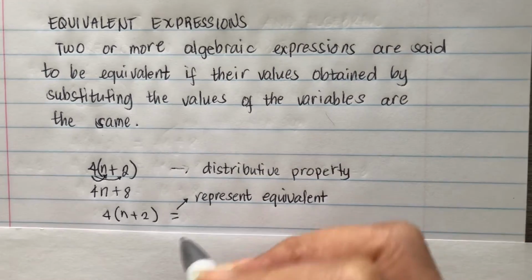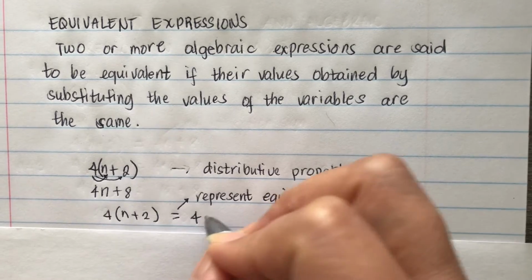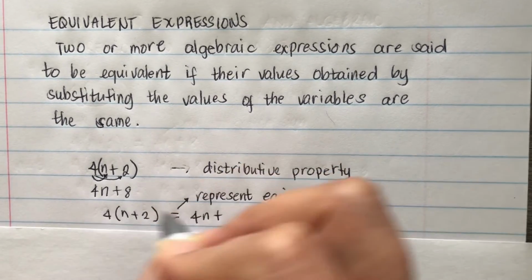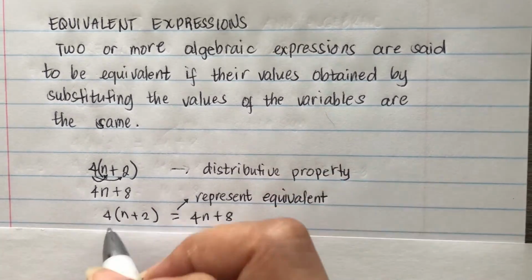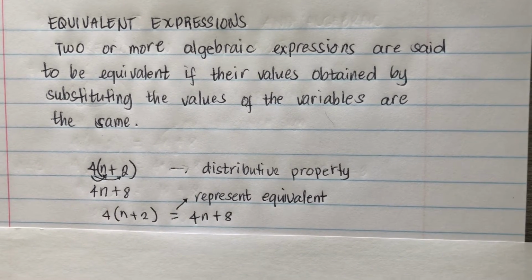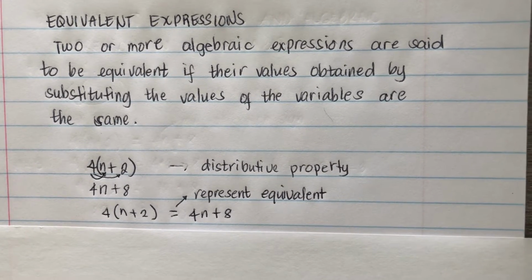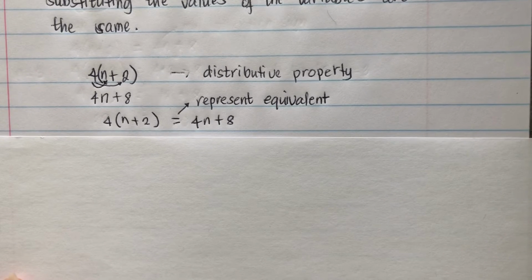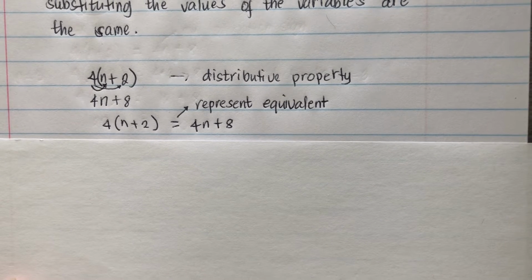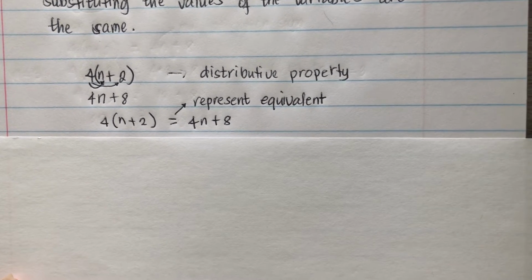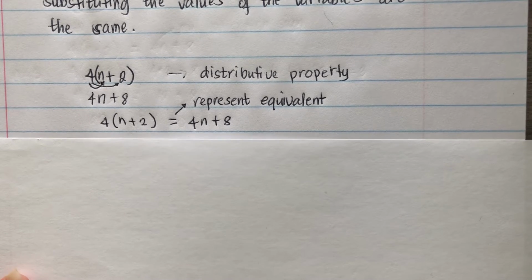Okay, so we can say that 4n plus 8 and 4 times quantity n plus 2 are equivalent. So how are we going to prove that? It is said in our definition that if they obtain the same value, then they are equivalent.